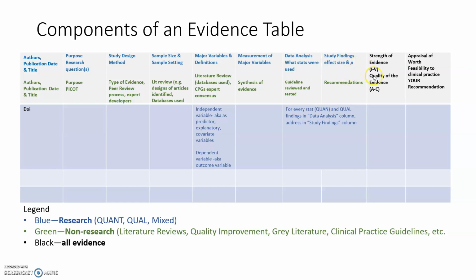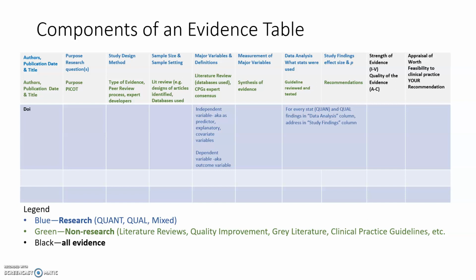So the strength of evidence and the quality of evidence is very important. The higher the evidence, or the more strength in the evidence, one should say, the more solid that evidence is. For example, utilizing randomized controlled trials compared to maybe a descriptive quantitative research study. And then, of course, the quality of the evidence.